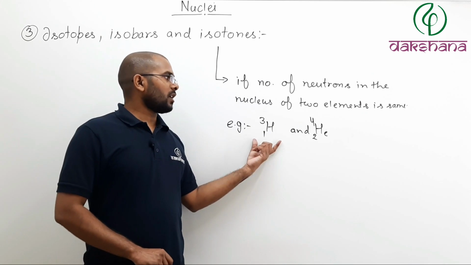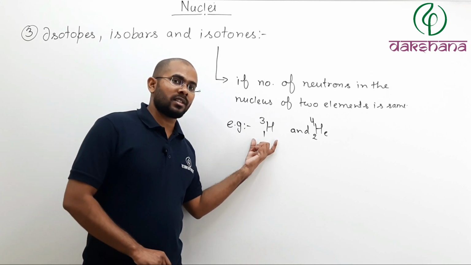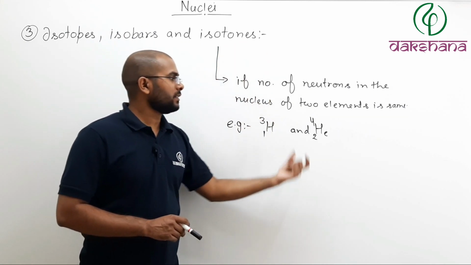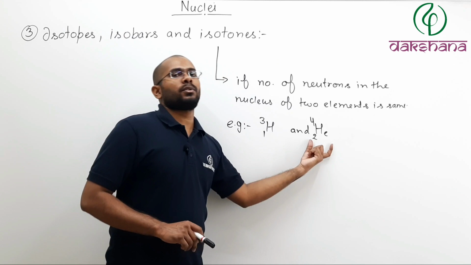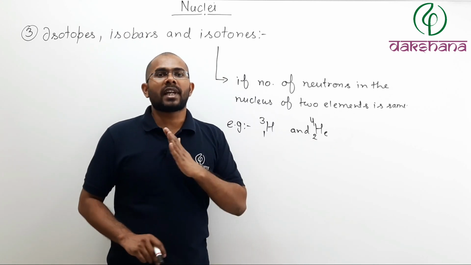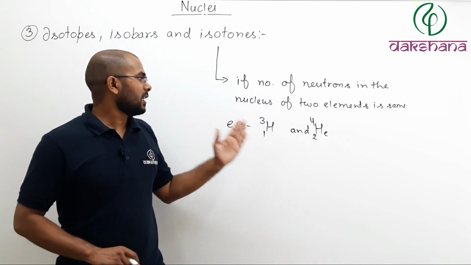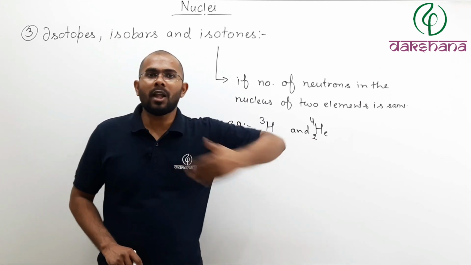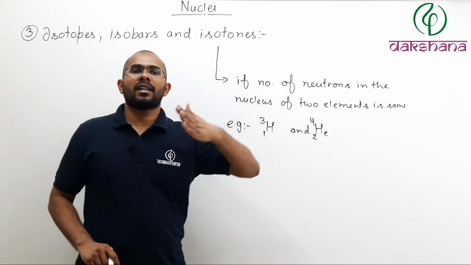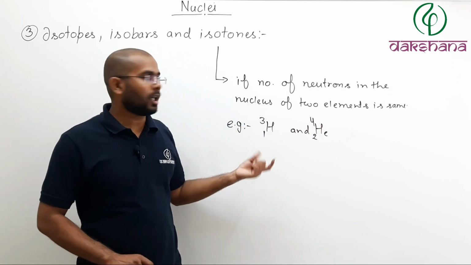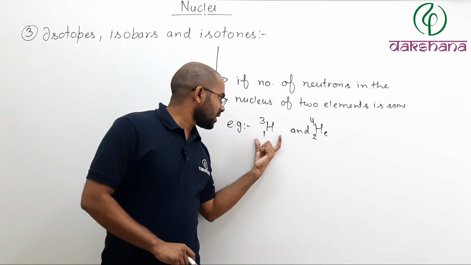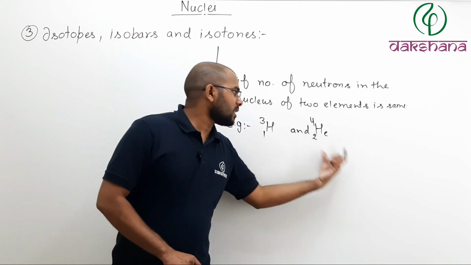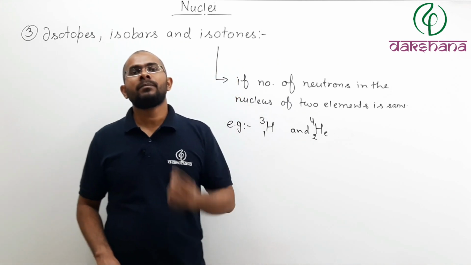So this particular isotope of hydrogen is an isotone of this particular isotope of helium. You cannot say that helium is an isotone of hydrogen. Not all the atoms of helium are isotones of hydrogen. Only this particular type of hydrogen atom is an isotone of this particular type of helium atom.